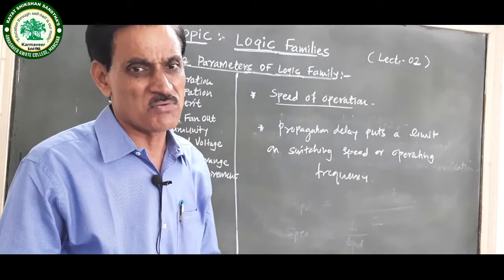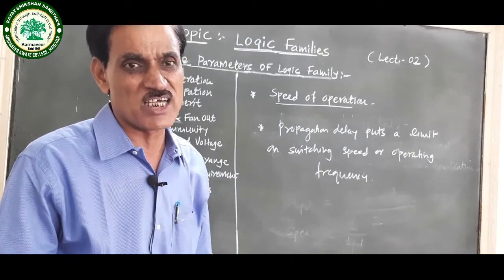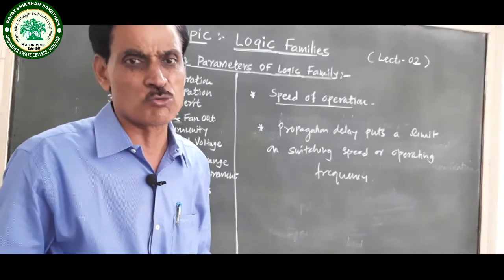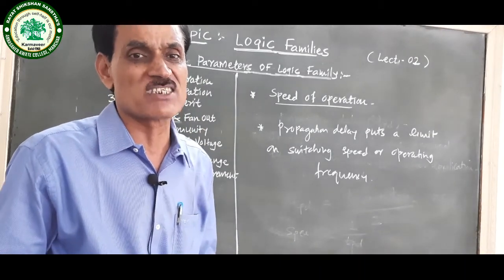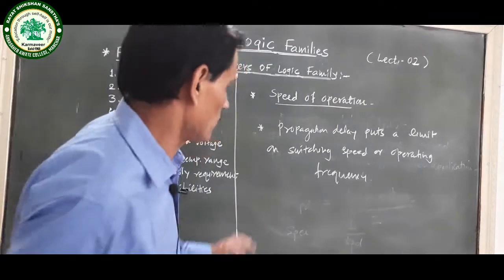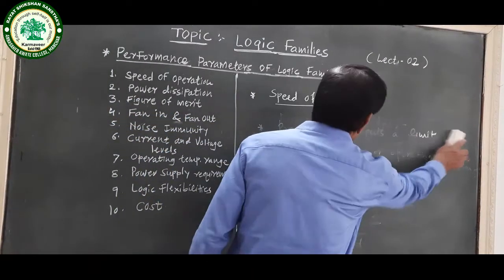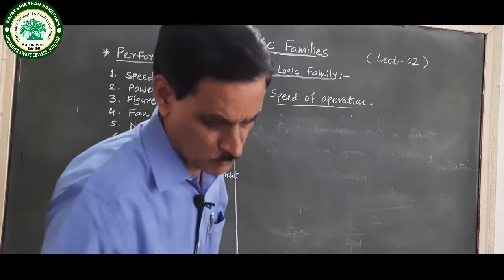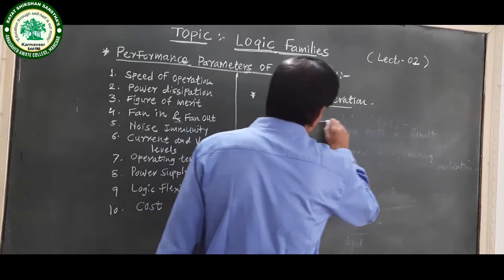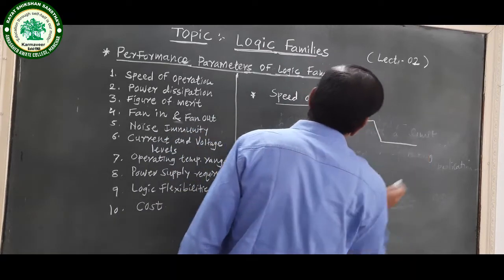Actually, the values of time delays, that is TPHL and TPLH, are measured with respect to input and output waveform at 50% level. Therefore, if you see the corresponding figures, suppose we have taken a NOT gate and we have applied a square wave pulse like this.